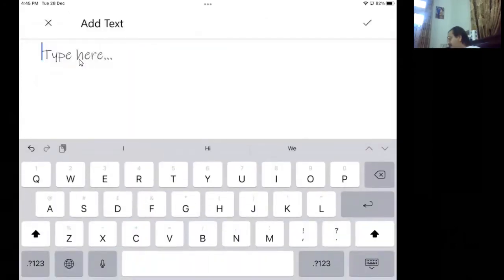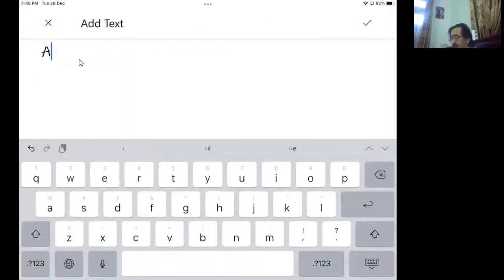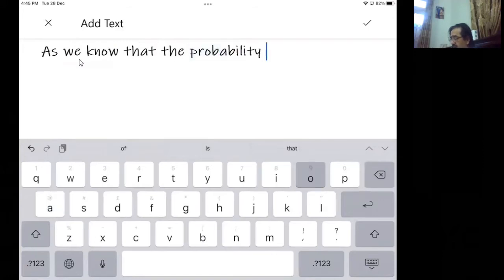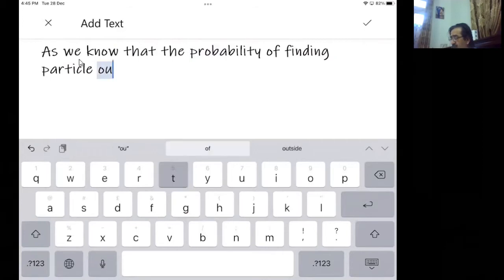As we know, the probability of finding the particle outside the box is zero.